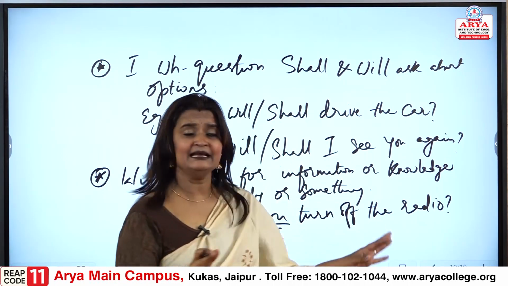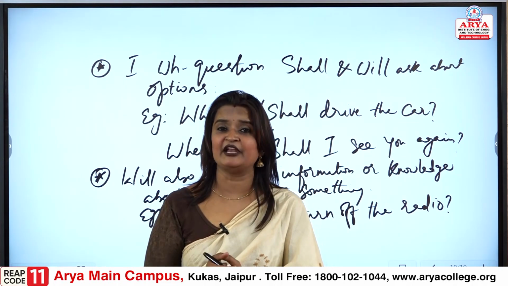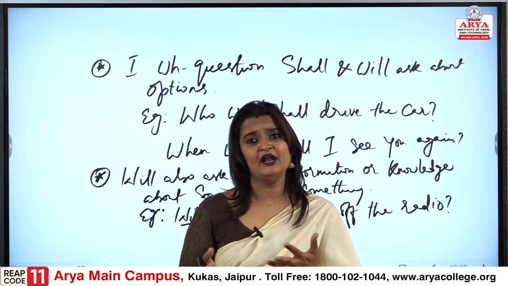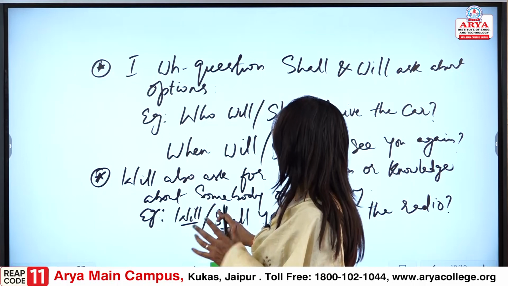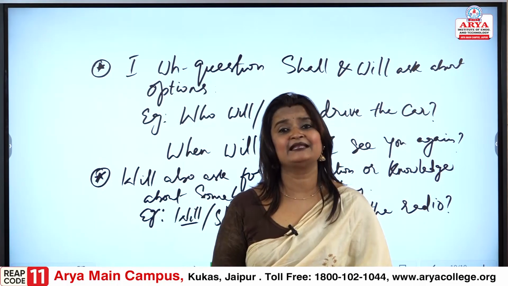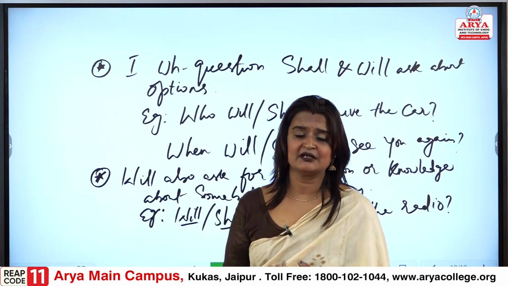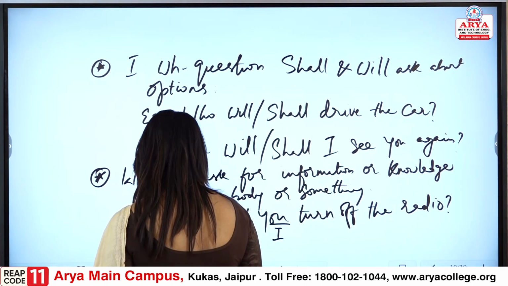And when I myself am talking, I shall turn off the radio, or I will turn off the radio. When it is I, I can say I will, I shall, both can be used. But when it is shall you, that is wrong. Will you turn off the radio? Because I am asking.